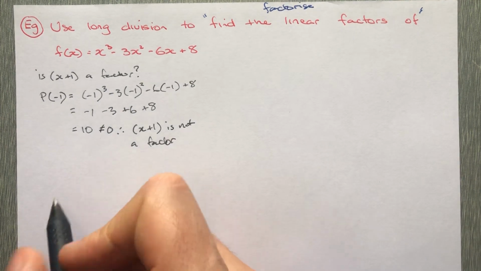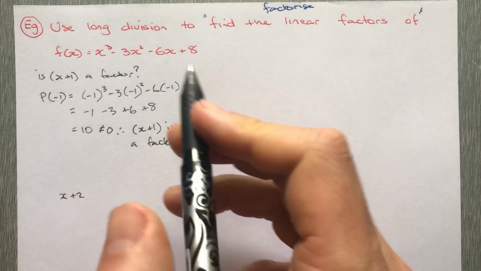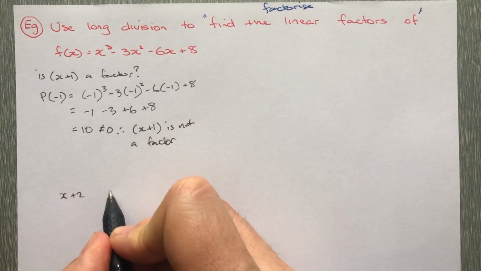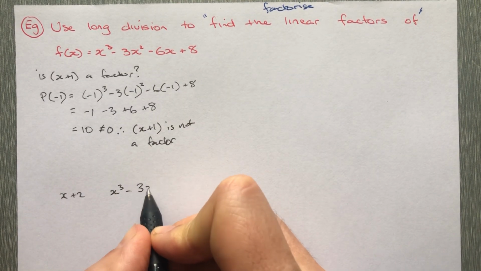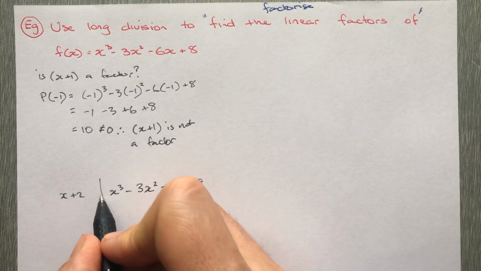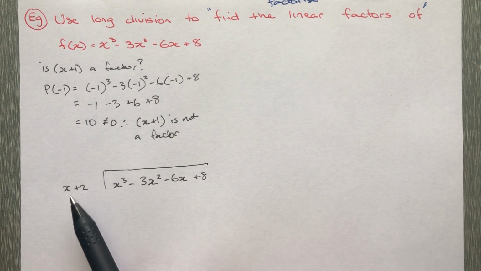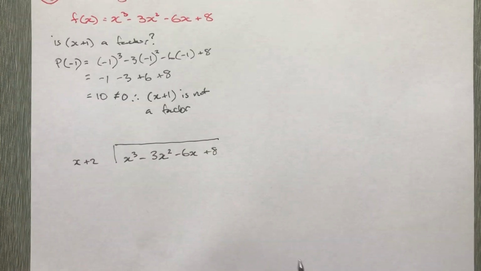Alright, so if your x plus 2 was a factor, that's what we're dividing by, and we're dividing this polynomial here. Now if we divide that by that, it should give us the other factor. So let's do that. Let's go through that process. We did it in the do now, we did it the other class as well. So hopefully we're okay at this now.